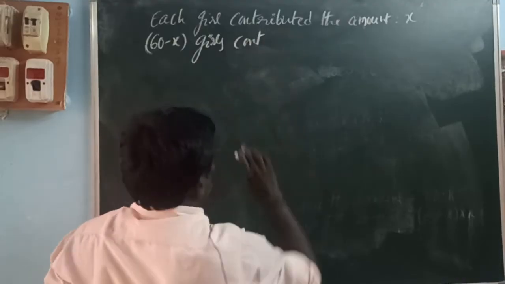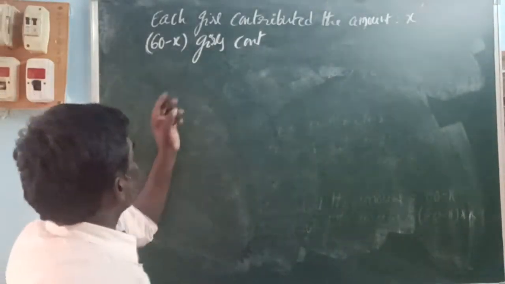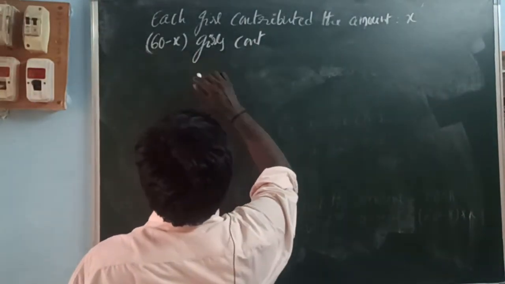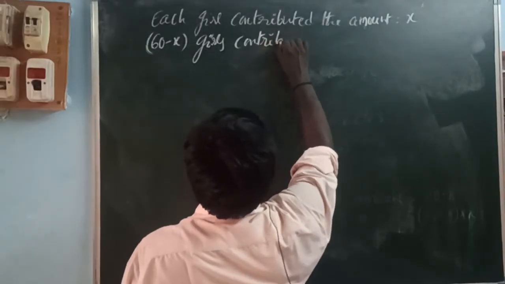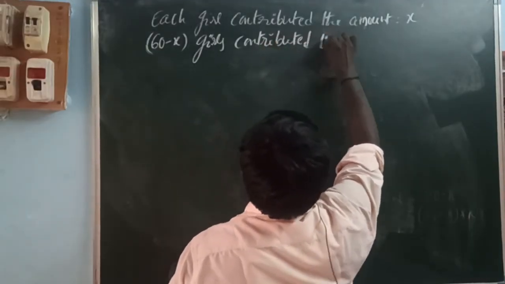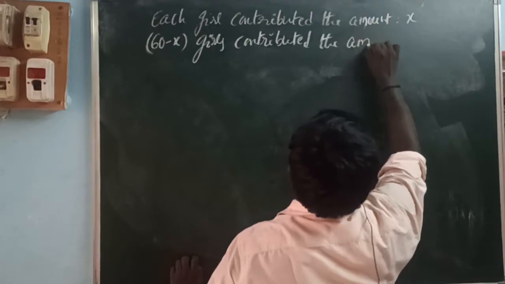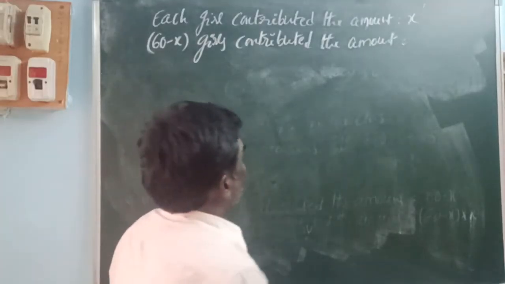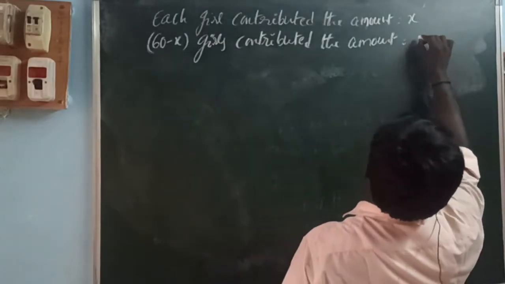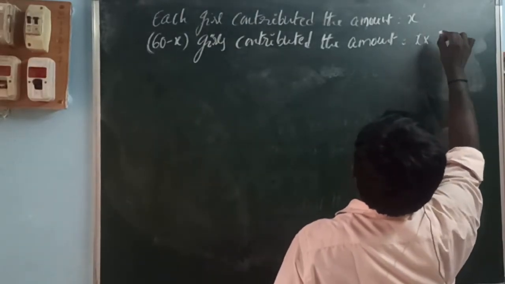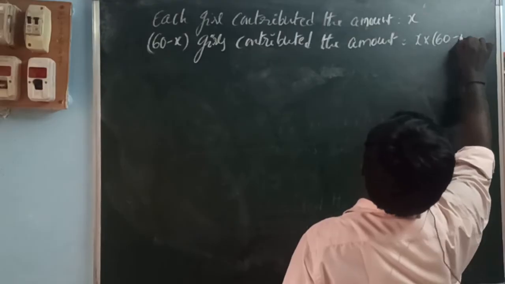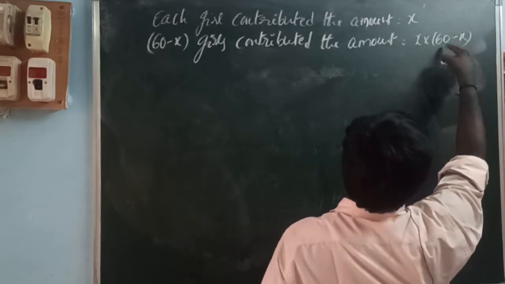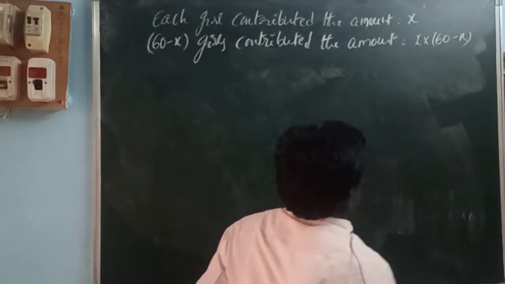So 60 minus x girls contributed the amount, so here the amount is x into 60 minus x. x is the amount, 60 minus x is the number of girls.